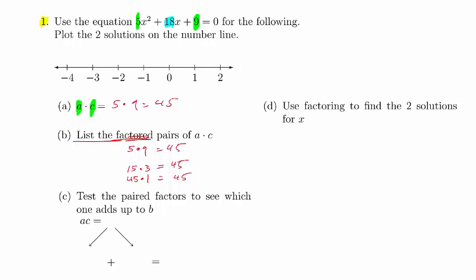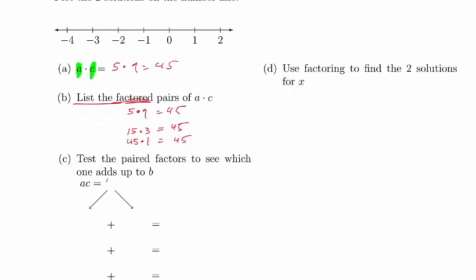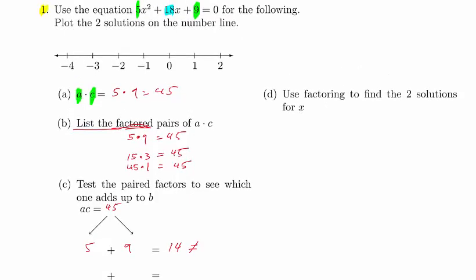So let's go ahead and take a look at this one right here. We're trying to find 45, so let's write some of them down. We've got 5 plus 9. Well, 5 plus 9, what is that? That's 14. Not what we're looking for, because that does not equal, and what was B again? 18. Does not equal 18.